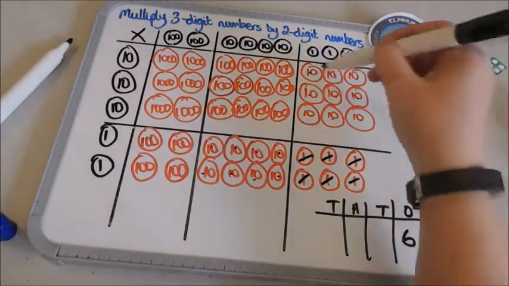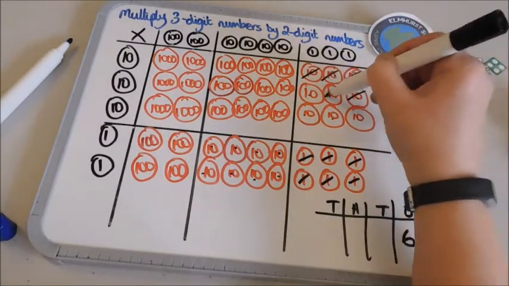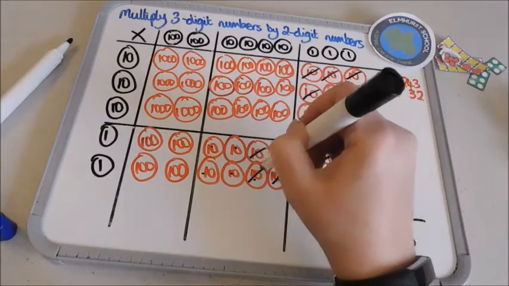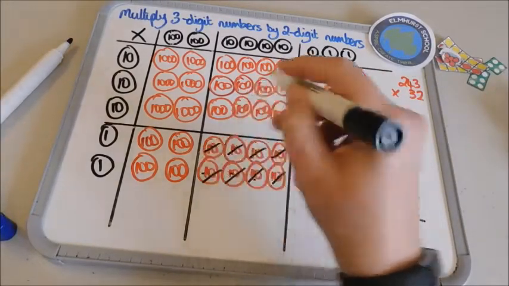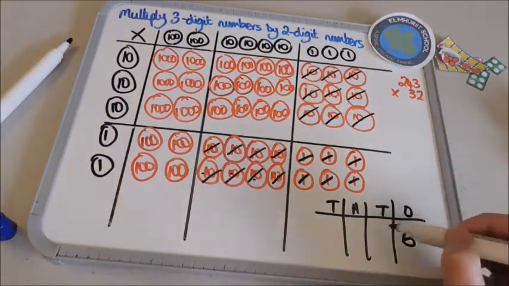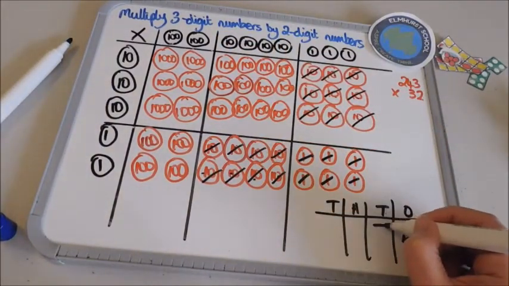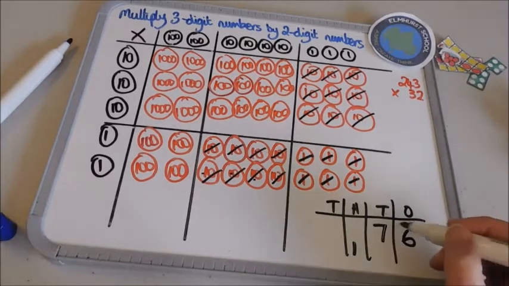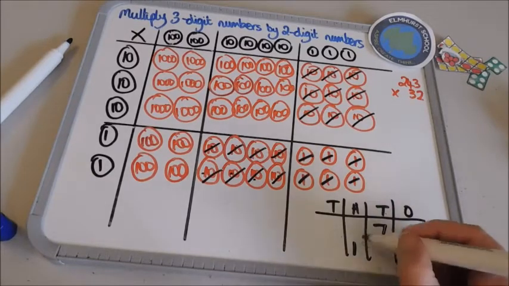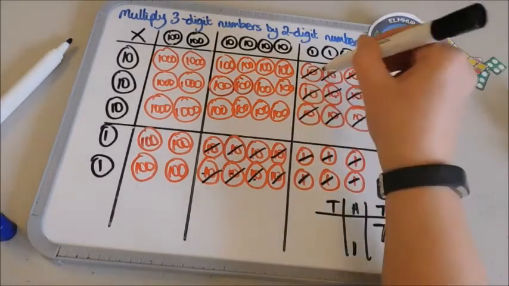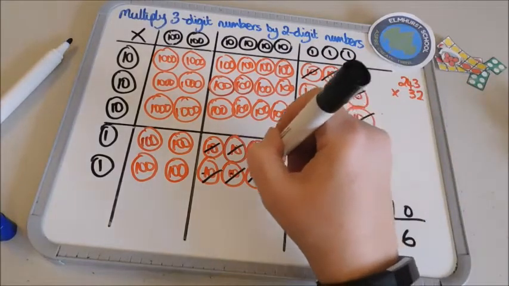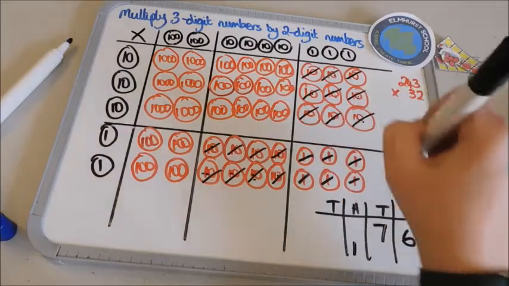Ooh, that's a lot. We're going to double check that. 17 tens. I can't have 17 in there, so I'm going to do 7, carry that over. So far I've got 176.